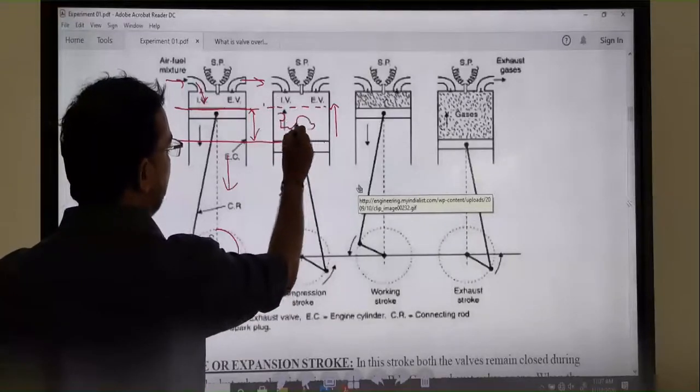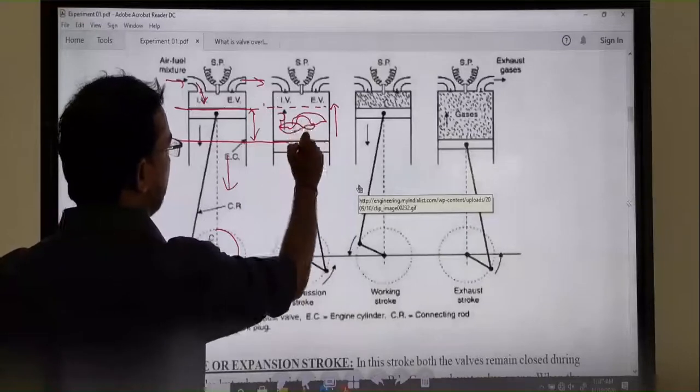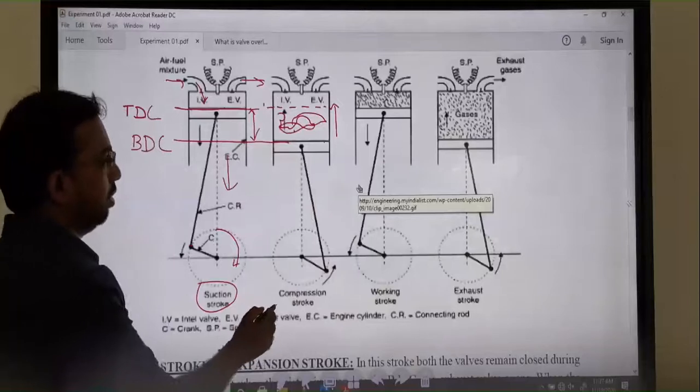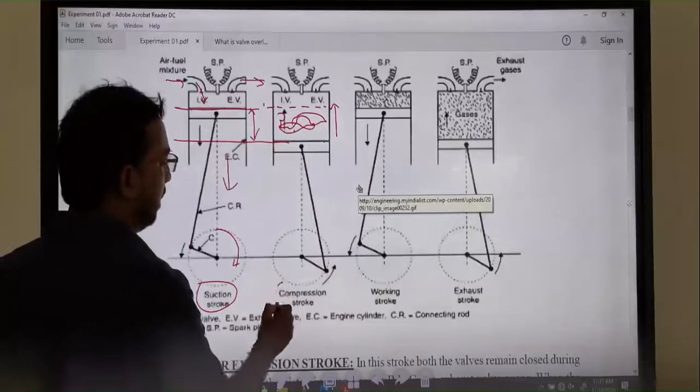So here a particular amount of air is compressed by this piston. That process is called the compression stroke.